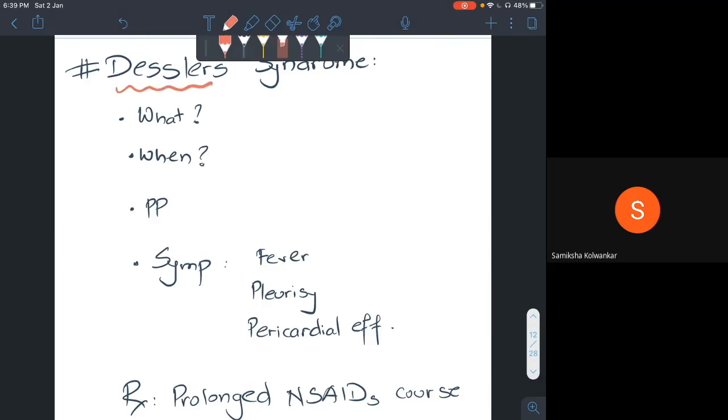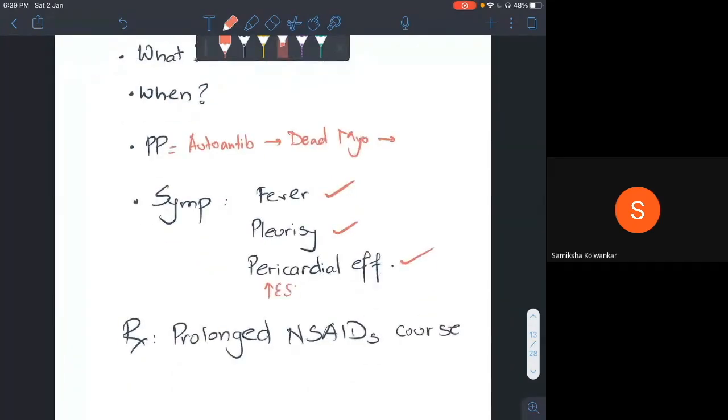Dressler syndrome is actually pretty common. Patients do come in and you feel that it's a repeat MI, but it's usually not. The pathophysiology is essentially that there are autoantibodies formed against the dead myocardium, and this is what's causing all the inflammation, leading to fever, pleurisy, pericardial effusion, and an increased ESR.